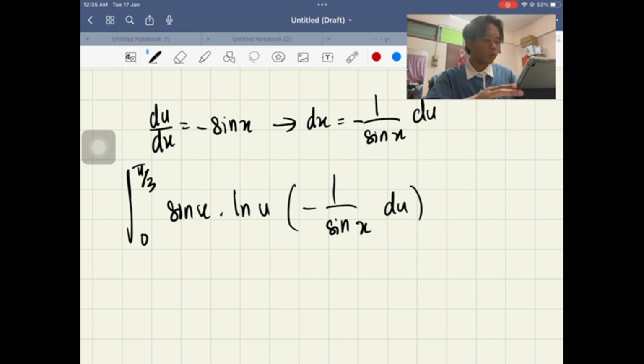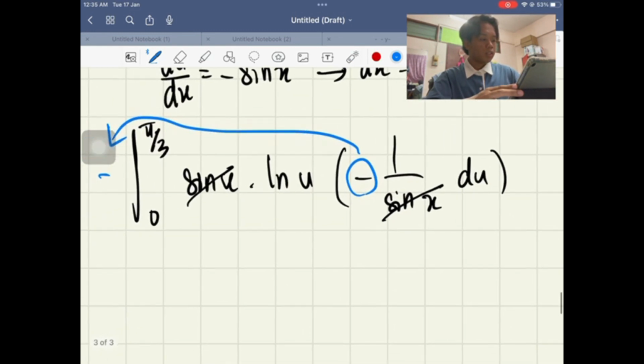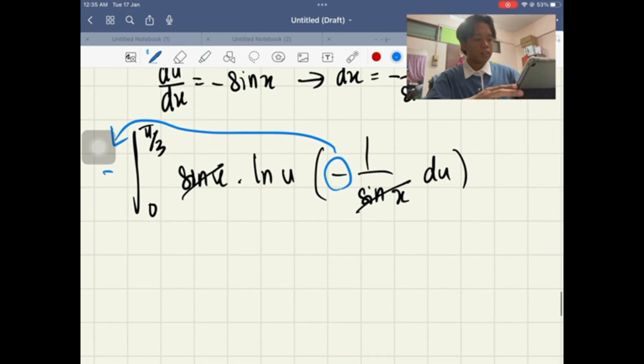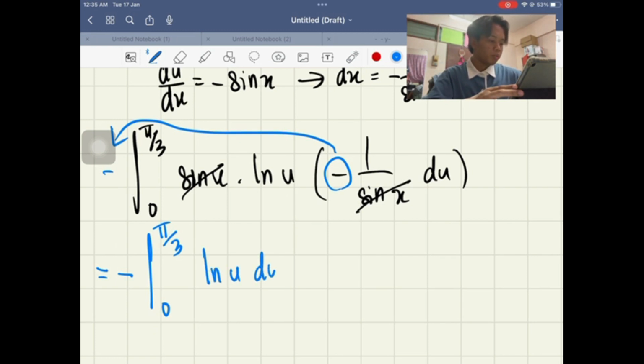So here we can cancel out sin x and remove this negative outside, and then the question will be like this: negative integrate from 0 to pi over 3 ln u du.